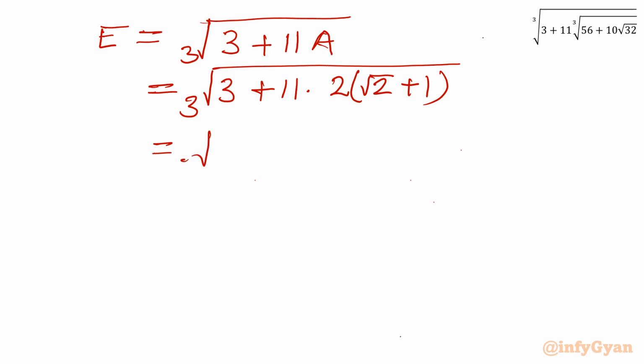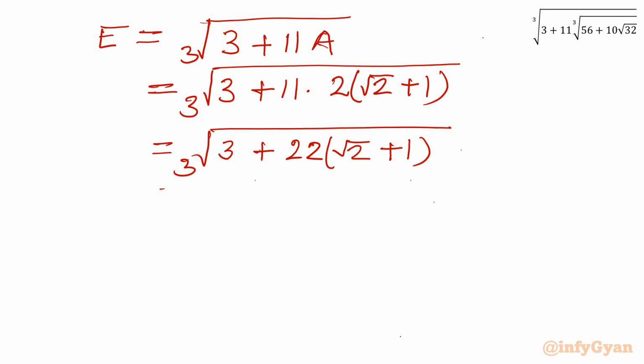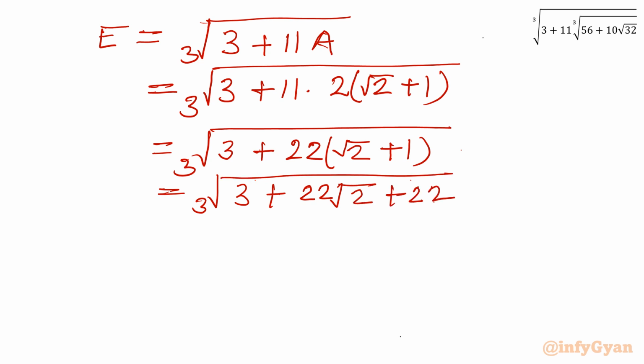Now I will expand cube root 3 plus 22 root 2 plus 1. Further I will expand. I will write 3 plus 22 root 2 plus 22, which is equal to cube root 3 plus 22, 25 plus 22 root 2.